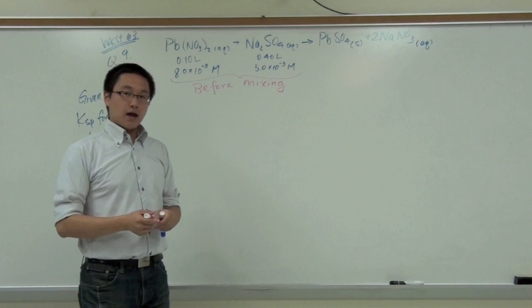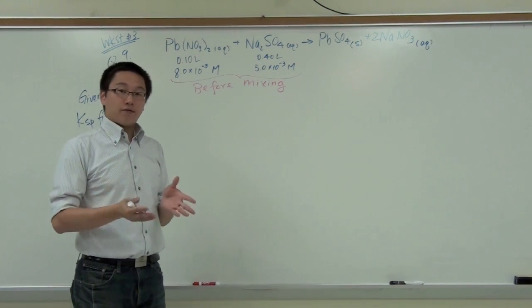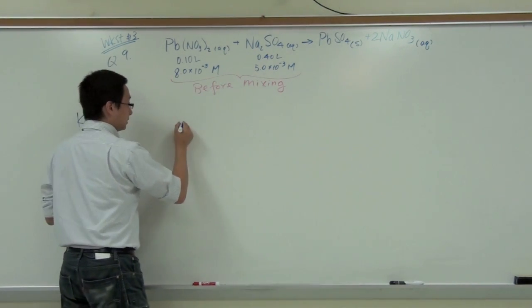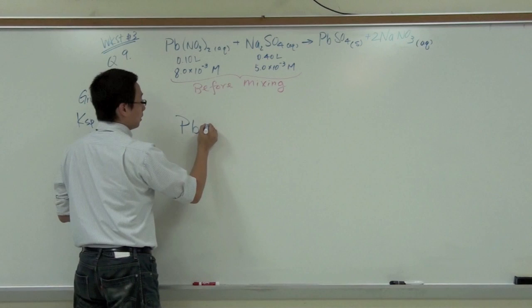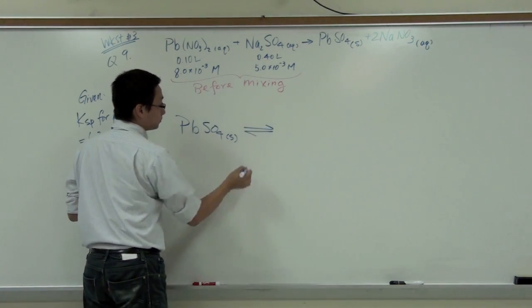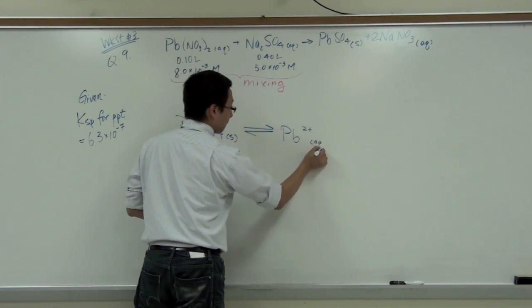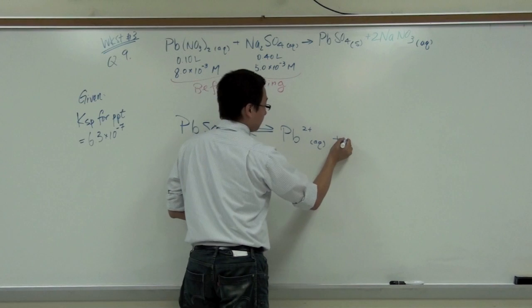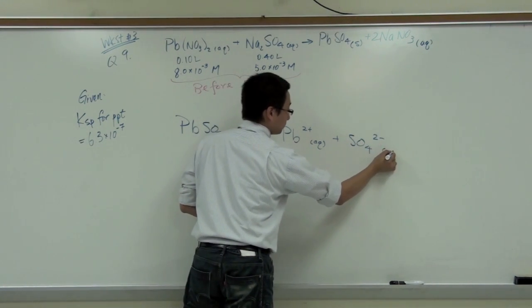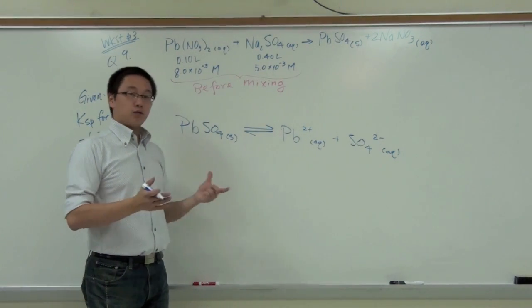Okay? And since we would like to use the KSP, that means we will have to write an equilibrium reaction that involves this precipitate. PbSO4 solid, Pb2 plus, SO4 2 minus. And now you may ask, why do we have to write this equation?